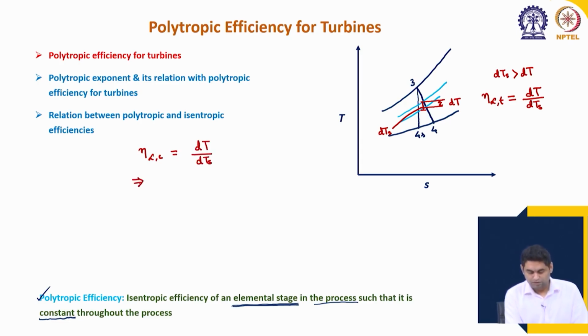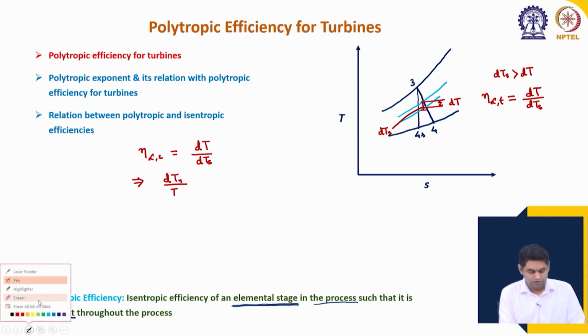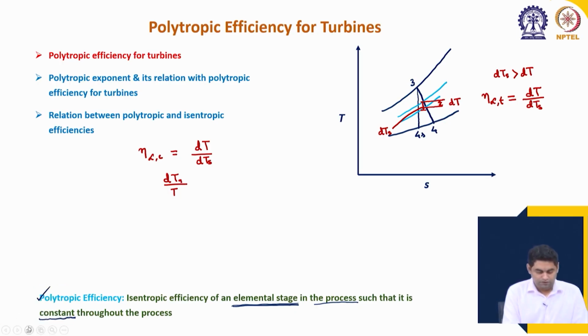So, following the temperature along the isentropic process, dTs by T is equal to gamma minus 1 by gamma times dP by P. How did we derive this?